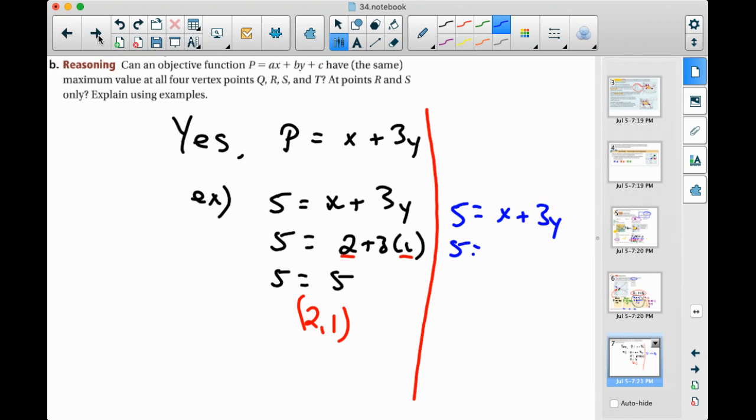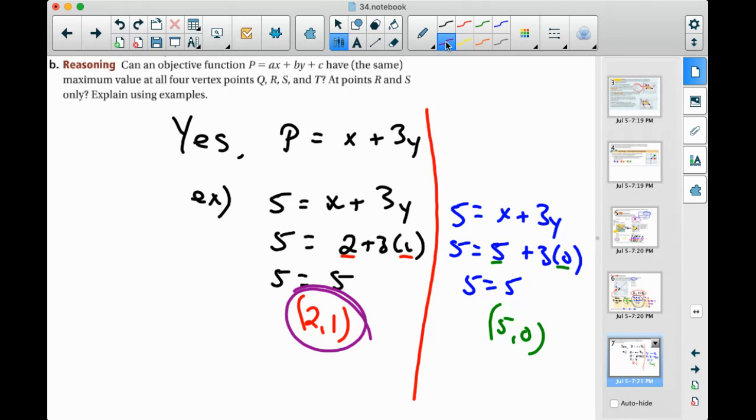But this time I did 5 equals 5 plus 3 times 0. That's just 5 equals 5, right? What did I punch in this time? I punched in 5, 0. Okay? So what that means is this vertex of the feasible region and this vertex of the feasible region have the same maximum value of 5. Okay? So it is possible. I could have 2 different answers that have the same possible max or min.